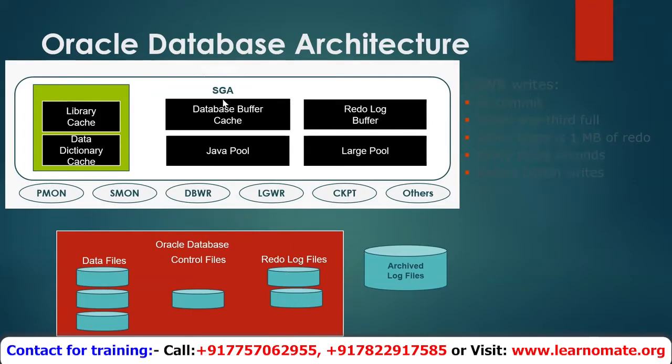So whenever there is a dirty buffer, it gets written into the redo log buffer. The database writer process writes that dirty buffer from the database buffer cache to the data file. But before that, the log writer process writes the dirty buffer from the redo log buffer to the redo log file.